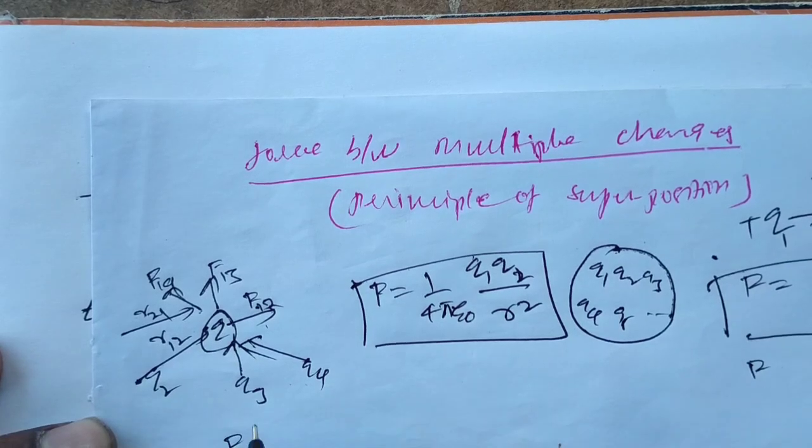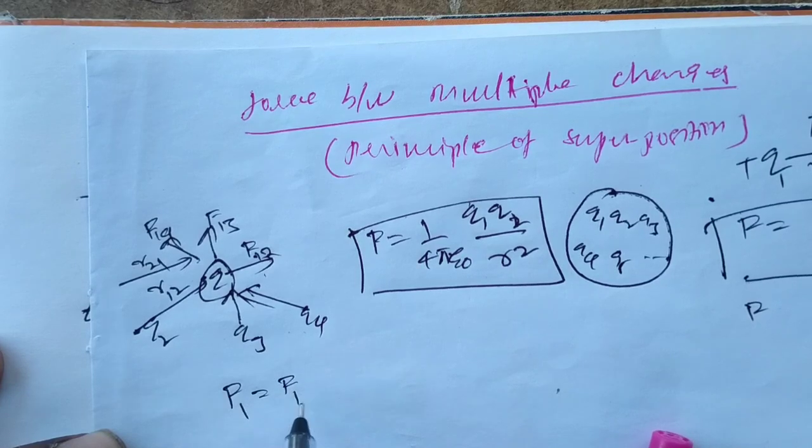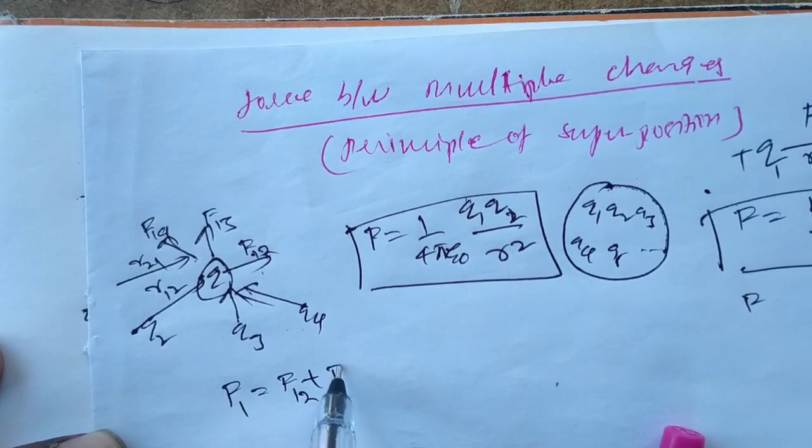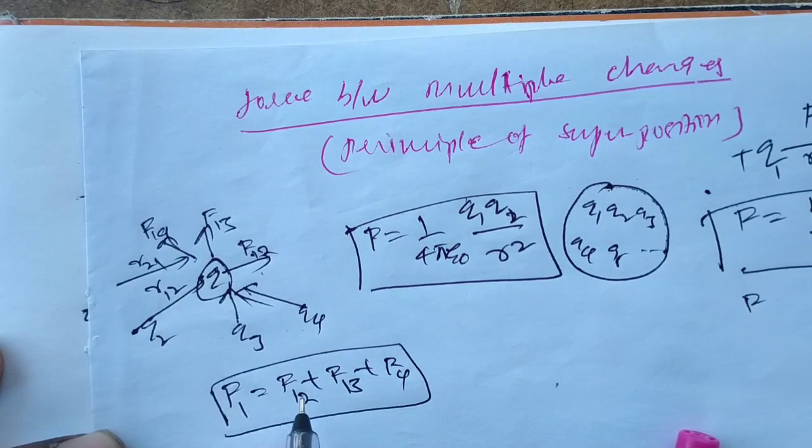The resultant force or net force on q1 is F1, equal to the sum of the individual forces, like this. Again, we can have a number of forces F12, F13, F14, like this.